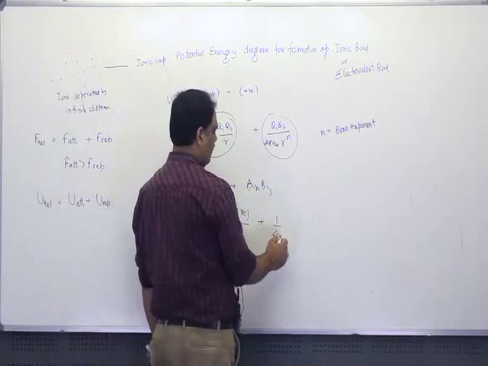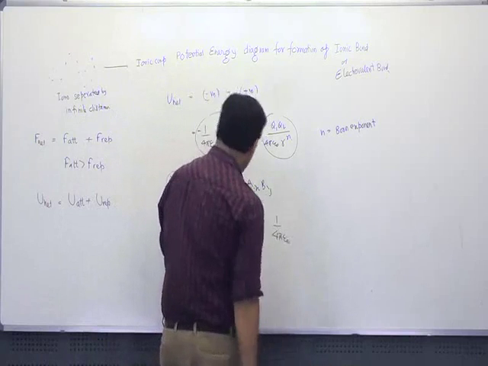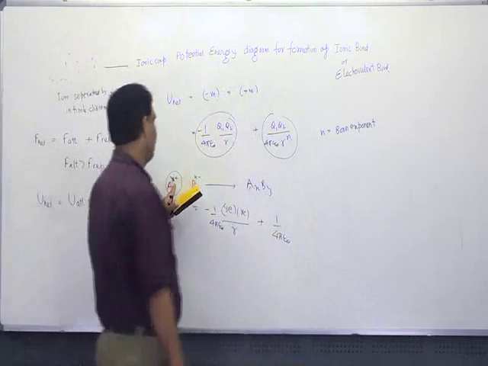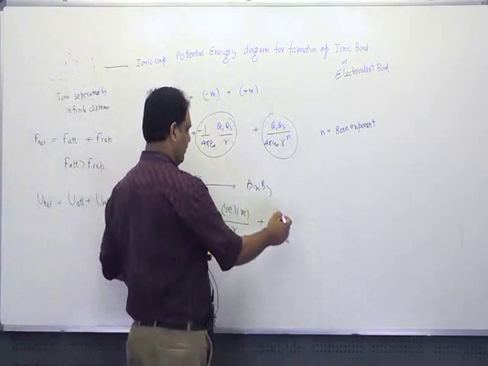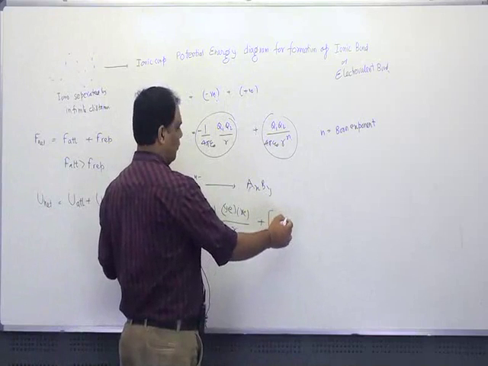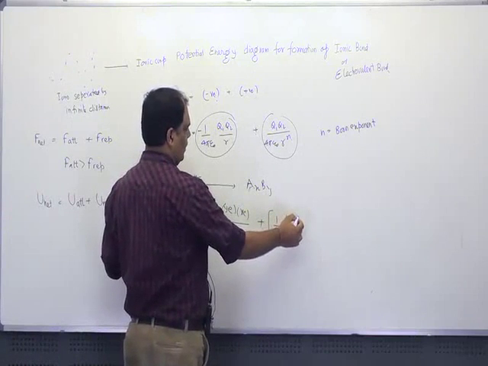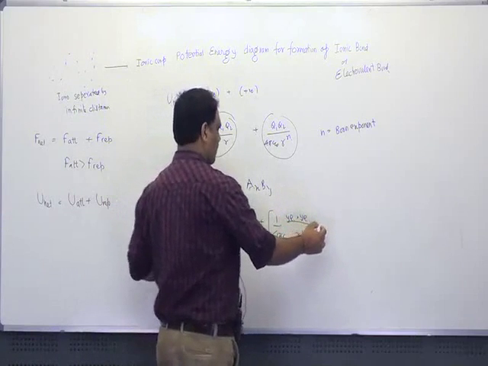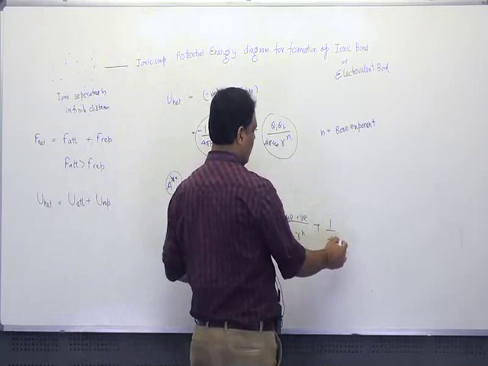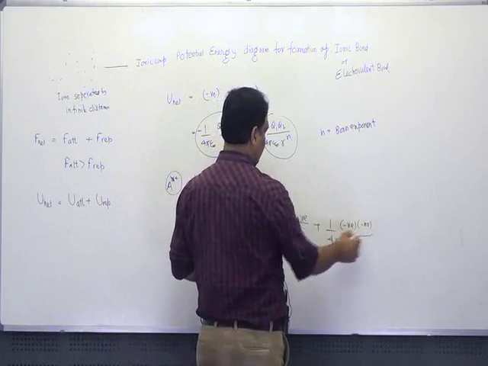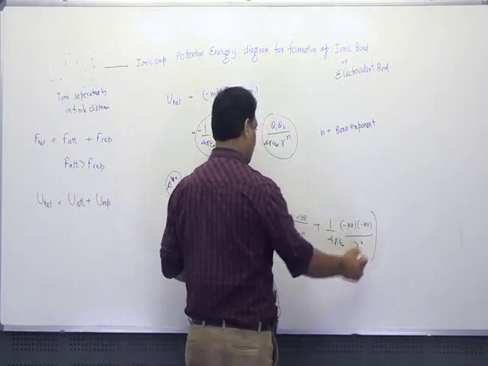Plus 1 upon 4 pi epsilon naught. Now the same charges will operate between same charges, Y Y or X X. So we can have the expression 1 upon 4 pi epsilon naught, Y times e, another also Y times e, upon r raised to power n, plus 1 upon 4 pi epsilon naught, minus X times e, minus X times e, divided by r raised to power n.